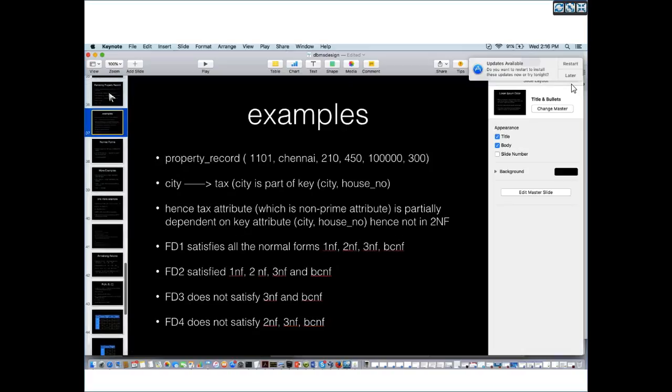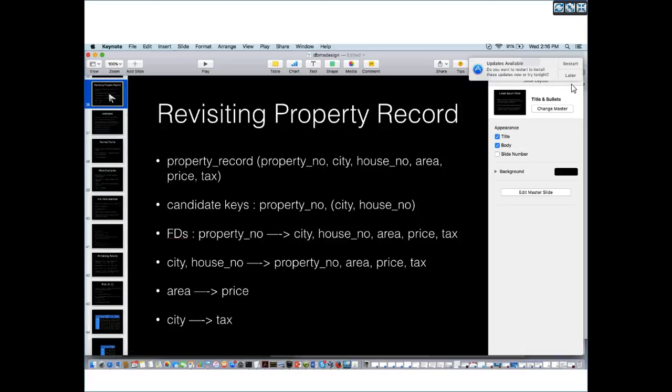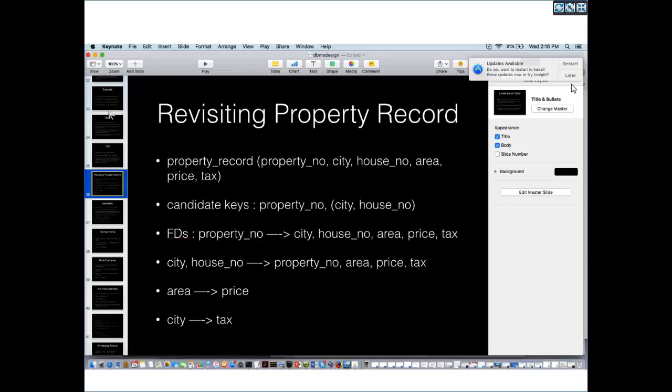The question is, do we understand BCNF? I gave that definition.